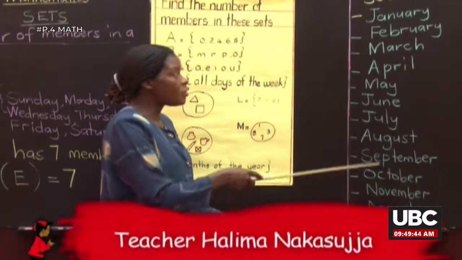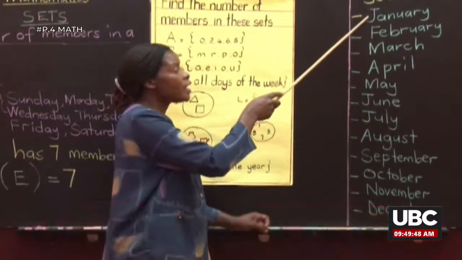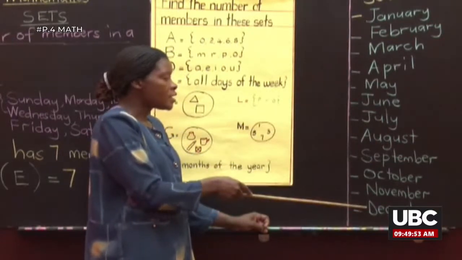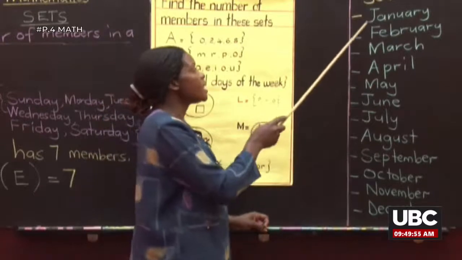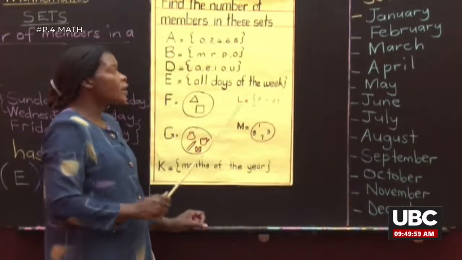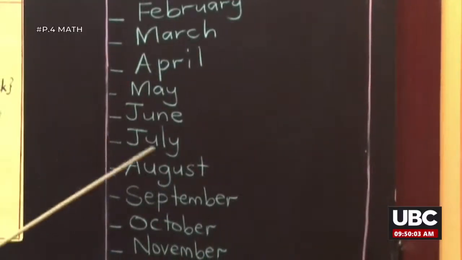These are the months of the year. The first one being January and the last one December. And we need to know how many they are. We shall know how many they are by counting.